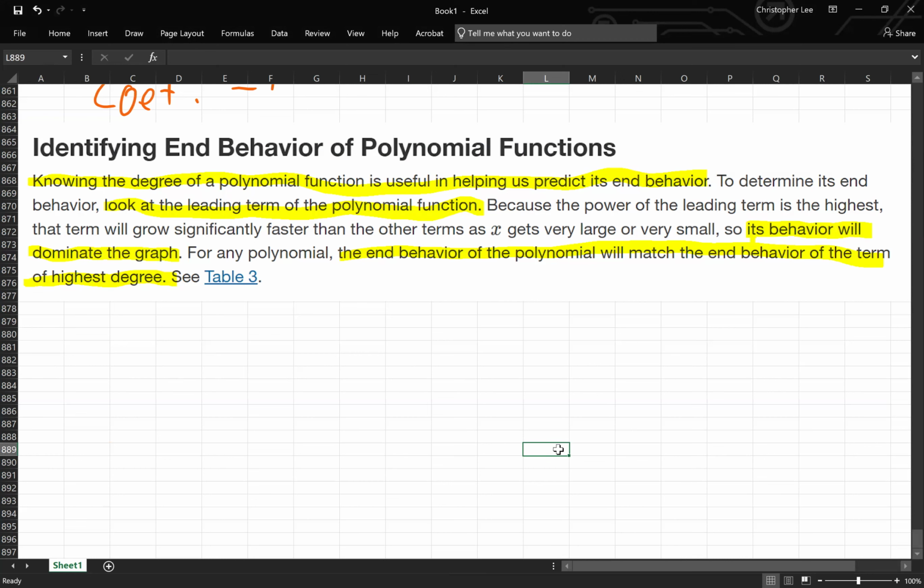To determine its end behavior, you look at the leading term of the polynomial function, because the power of the leading term is the highest, that term will grow significantly faster than the other terms as x gets very large or very small. So its behavior will dominate the graph, right? For any polynomial, the end behavior of the polynomial will match the end behavior of the term of the highest degree. All right.